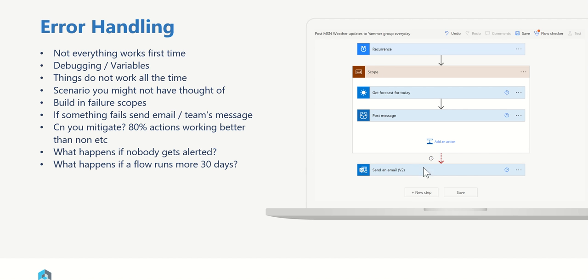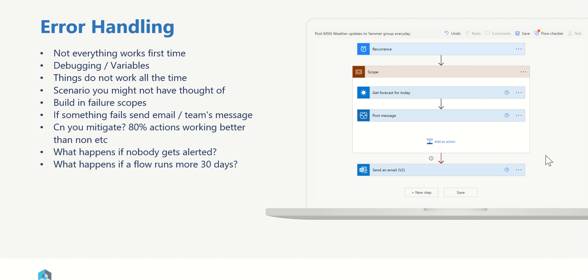So then you can see down here, I've got an email here, which is a notification to say workflows failed, and maybe if I'm clever, I could include into that a little reason or why I think it's failed. But then you can see that I've got this little red arrow here, which basically you can set an action to say run after something. So I've set this to run after this box has failed.